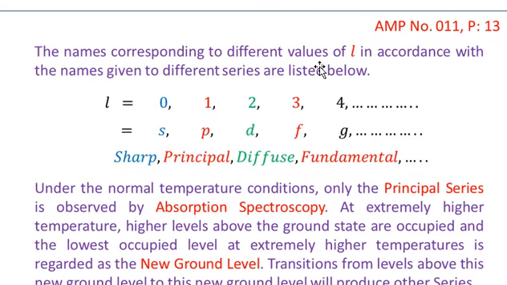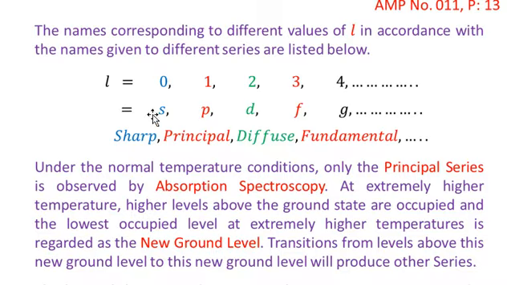The names corresponding to different values of the orbital quantum number L, in accordance with the names given to different series, are listed below. So this is the summary that I am giving you here. L is equal to 0, 1, 2, 3, 4, and so on, and the corresponding symbol is S, P, D, F, G, and so on.